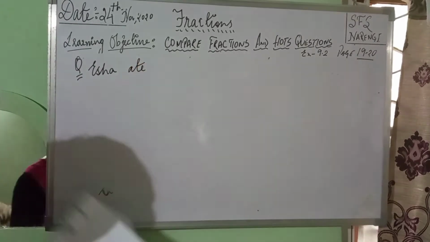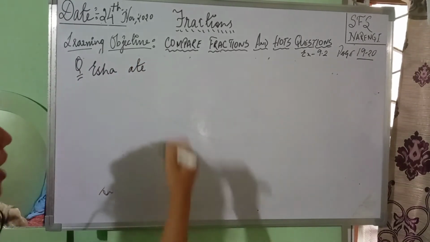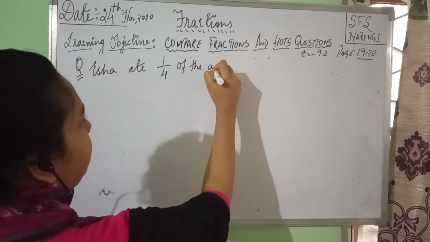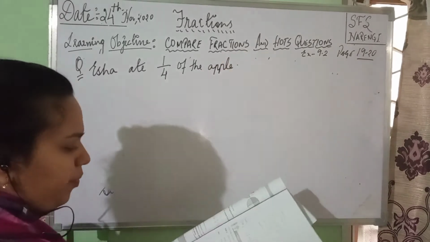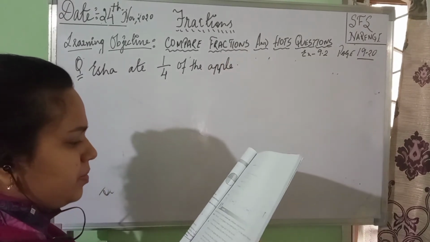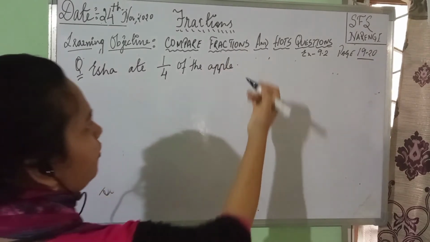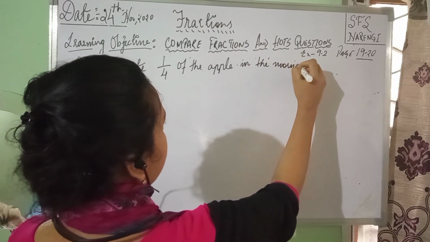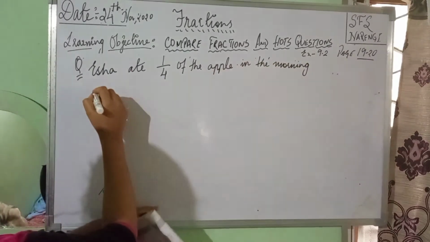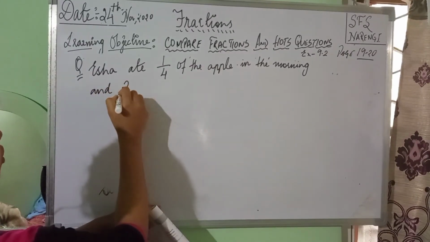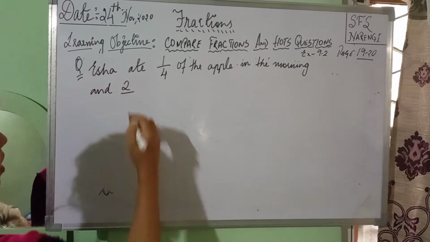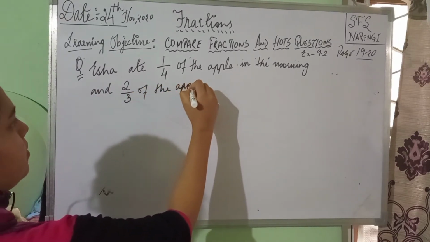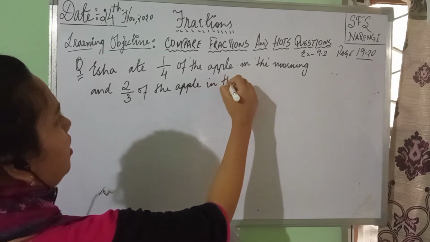So a girl named Isha ate 1/4 of the apple in the morning and 2/3 of the apple in the evening.